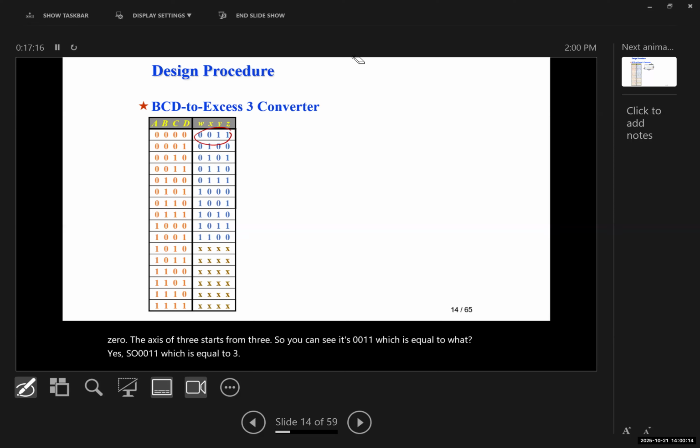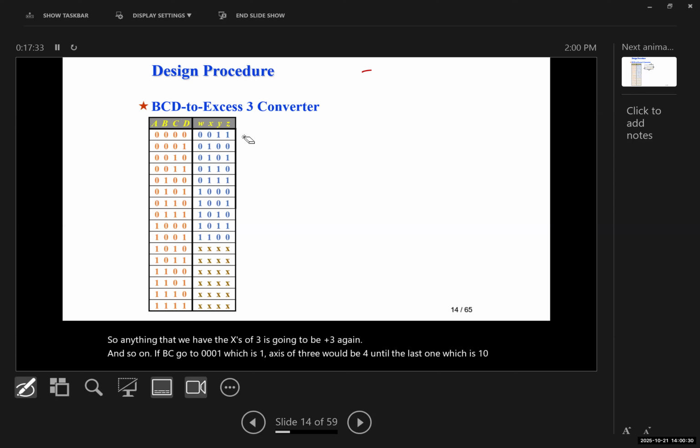Anything that we have, the excess-3 is going to be plus 3. If BCD is 0001, which is 1, excess-3 would be 4, and so on until the last one, which is 1001, which is 9 in BCD code, and for excess-3, it's going to be equal to 12.